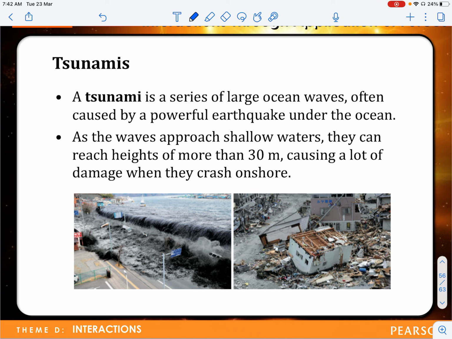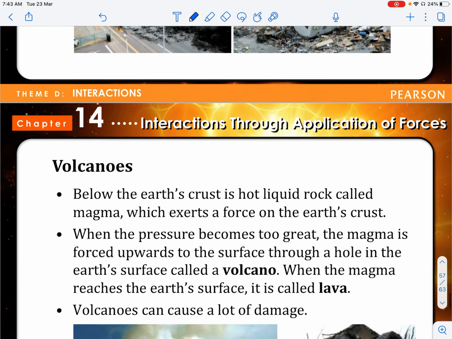Tsunami is where you have very large water waves generated from powerful earthquakes. So what will happen is you will actually be submerged, and the amount of force generated from these waves can be very high, so they can crush onto you and destroy buildings.